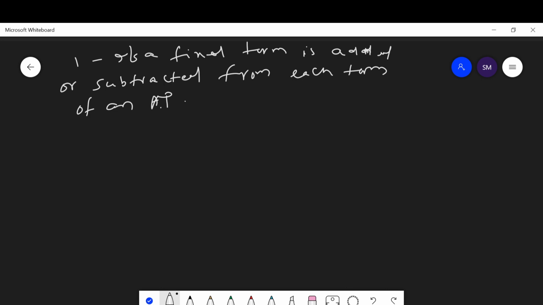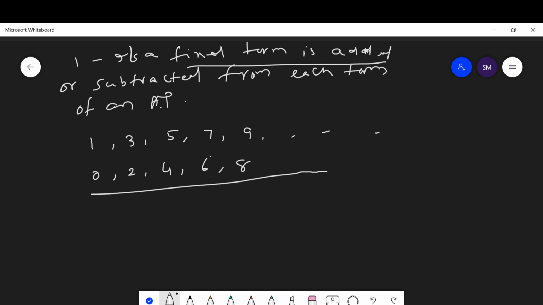Suppose 1, 3, 5, 7, 9 are in AP. Here the common difference is 2. If we subtract 1 from each term, we get 0, 2, 4, 6, 8. Yes, this is also an AP.